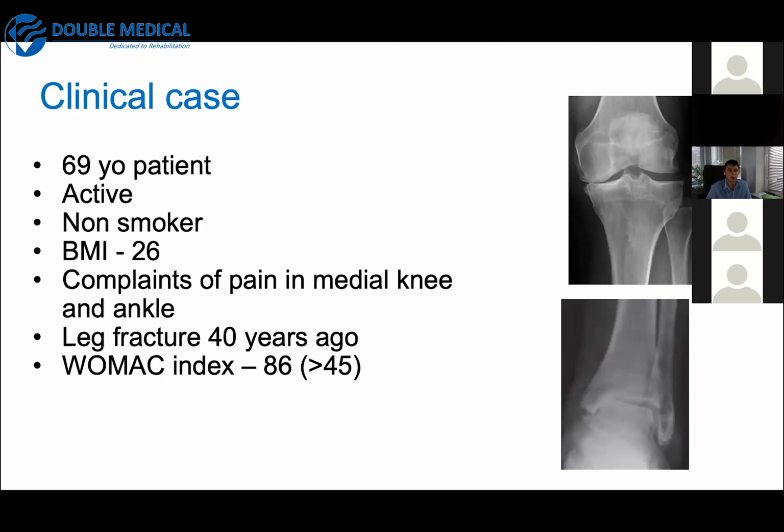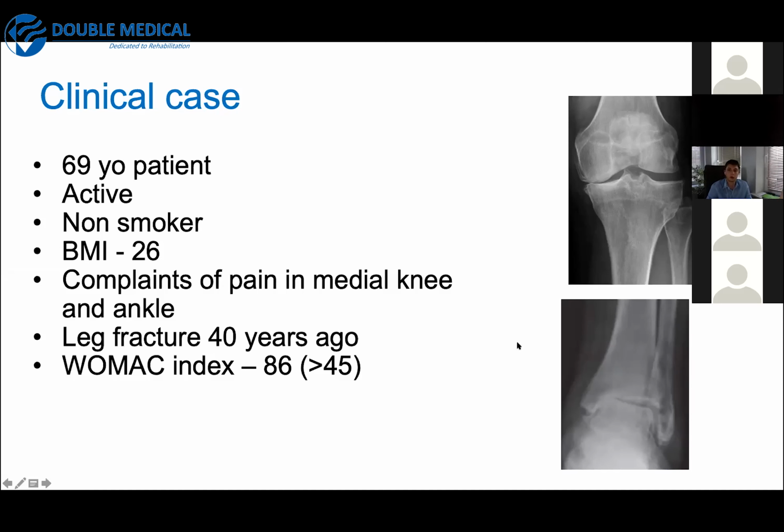This is a 60-year-old patient, so he is above the age limit that we just discussed, but he is active, a non-smoker, and the BMI is 26. He complains of some moderate pain in the medial knee, and we can see stage 2-3 medial knee arthritis. He also complains of severe medial ankle pain.